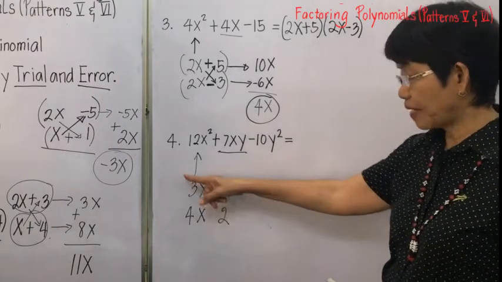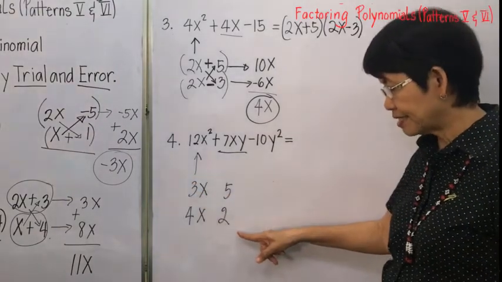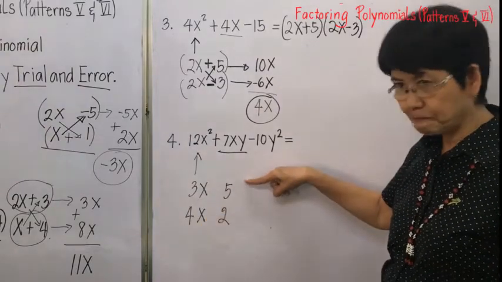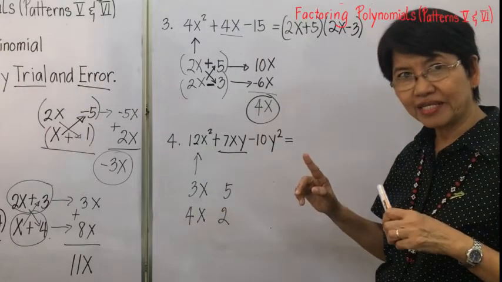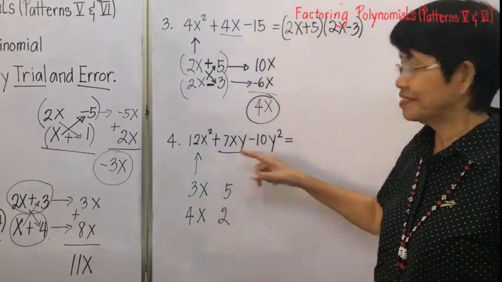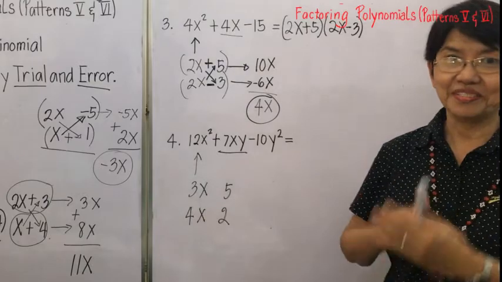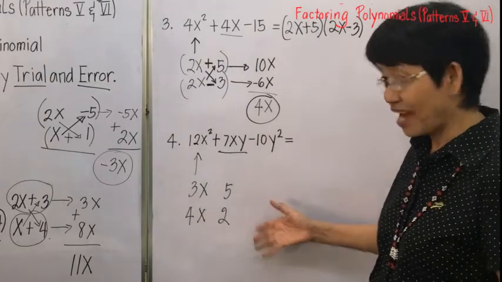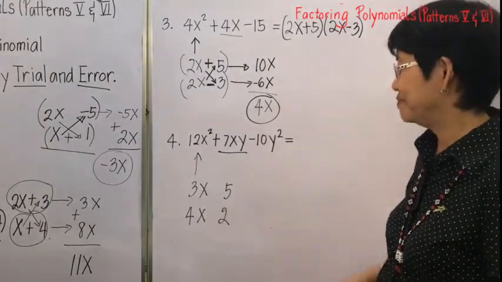So if we multiply this, this gives us 6 and this gives us 20. 6 and 20, there is no way we can get a difference of positive 7x. So you change the factors or change the order.